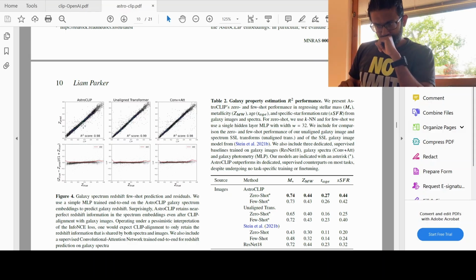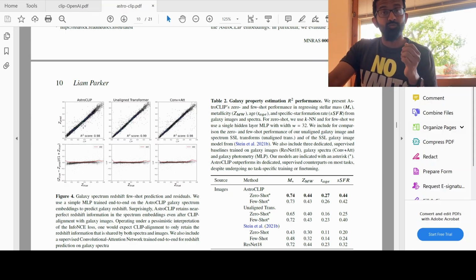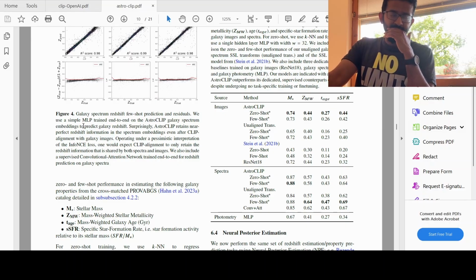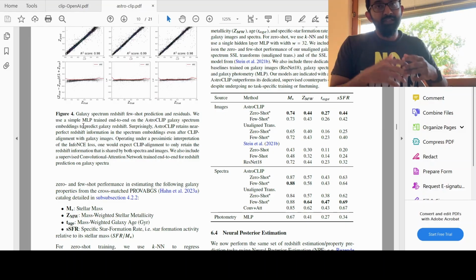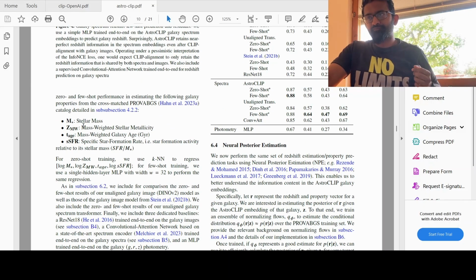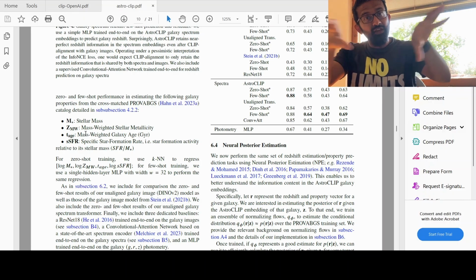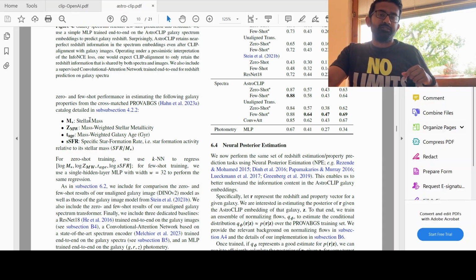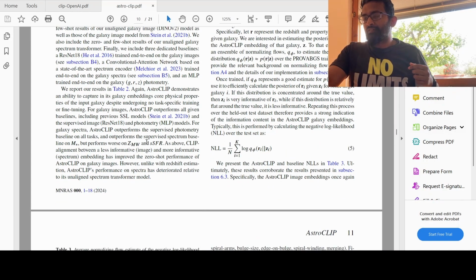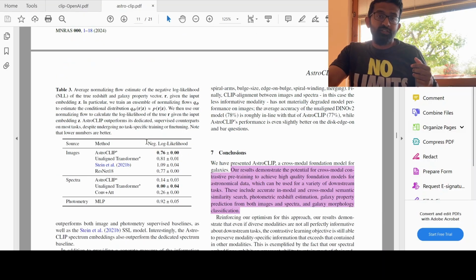So this photometric spectroscopic redshift estimation is really, really good. And then they also show some other downstream tasks, like, just from images and spectra separately, whether I could actually measure the star formation rate in this galaxy, then the mass-weighted galaxy age, and other stuff. They also show the classification performance.